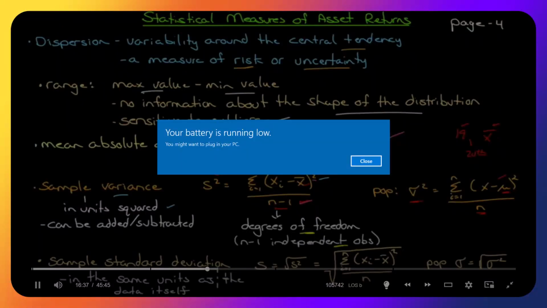So if we have to sum a bunch of volatilities, we first square them, turn them into variances. We can add them, get the total variance, and then take the square root to get the standard deviation of that. If you take the square root of a sample variance or a population variance, you will get a standard deviation. S to denote sample standard deviation, sigma to denote population standard deviation, and it's just the square root of the variance.